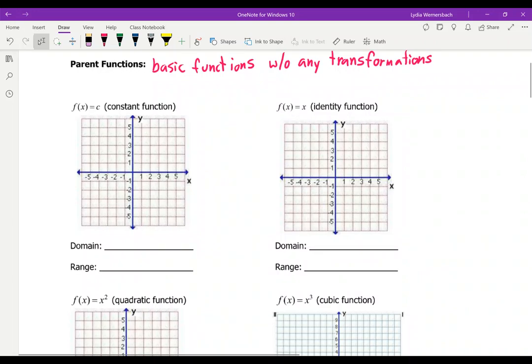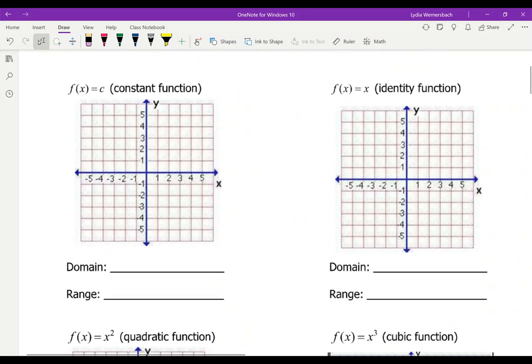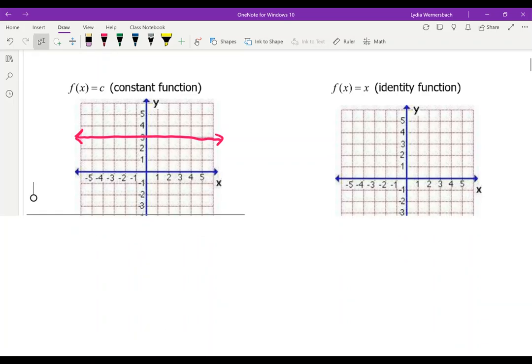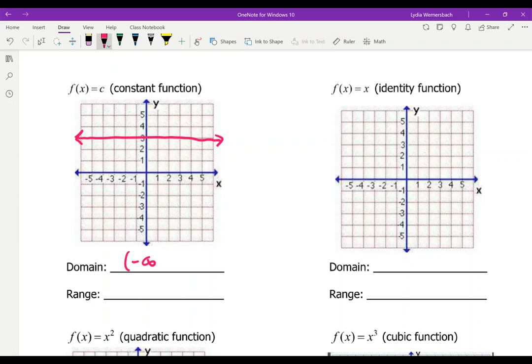So the first one is what we call the constant function. That is just a horizontal line that looks something like this. The domain of a constant function is going to be all real numbers, or negative infinity to infinity. This would be the function y equals c, where c is just some constant.